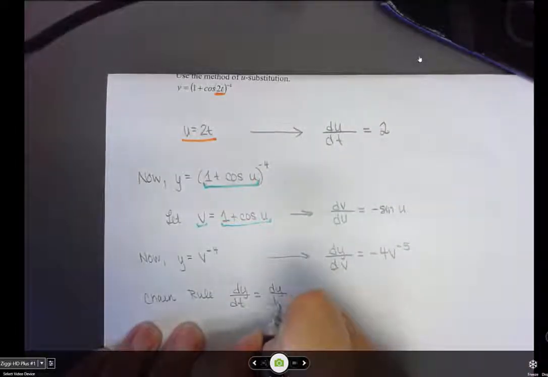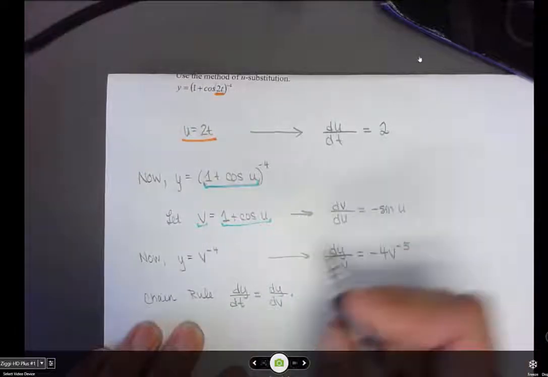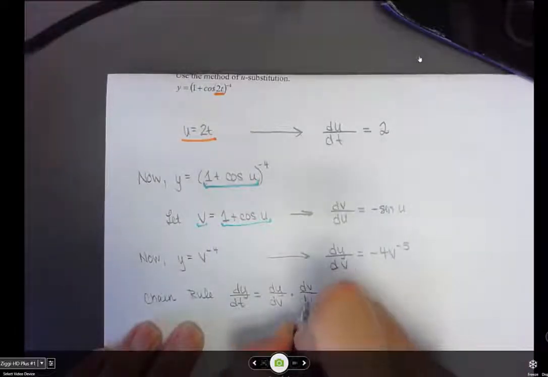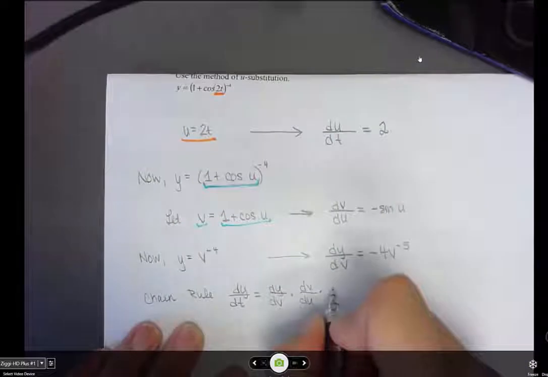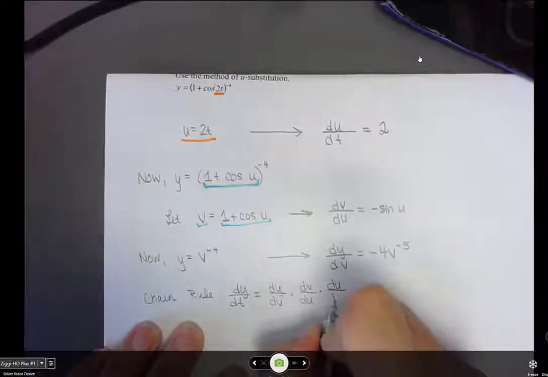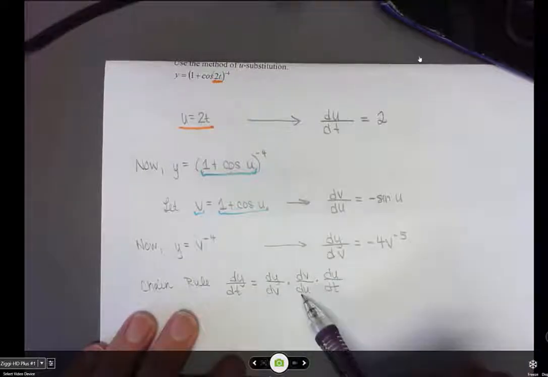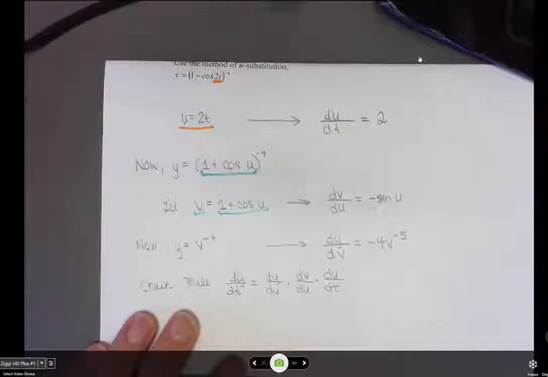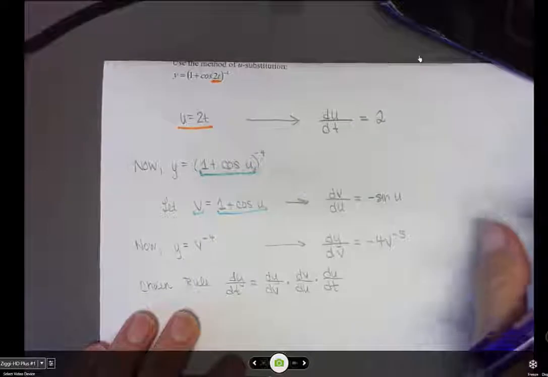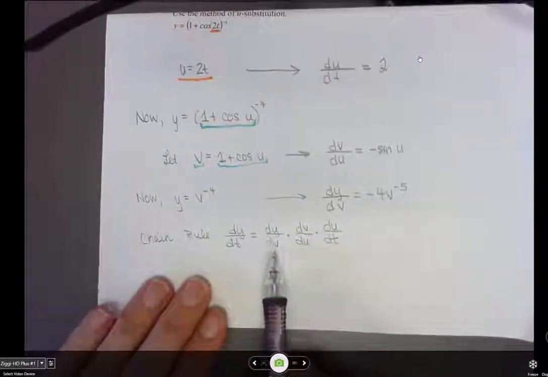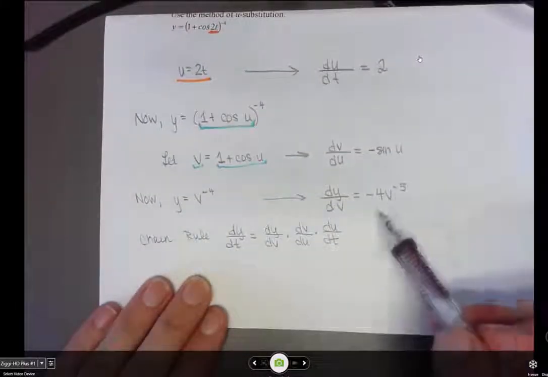The one before that was dv du. And the one before that was du dt. And if you think of these as fractions, right, the dv's would cancel, the du's would cancel, and you just end up with dy dt.